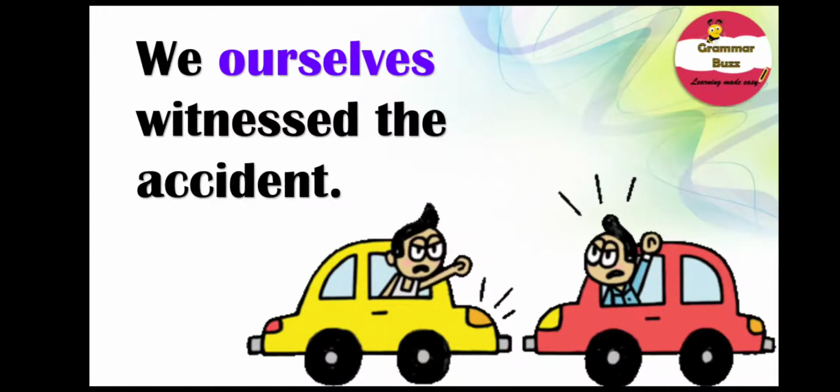Here ourselves is used to lay stress on the fact that we ourselves witnessed the accident, or the accident was witnessed by us. And even if we remove the ourselves from the sentence, the meaning of the sentence still remains the same. That is, we witnessed the accident. So, ourselves in this sentence is an emphatic pronoun.